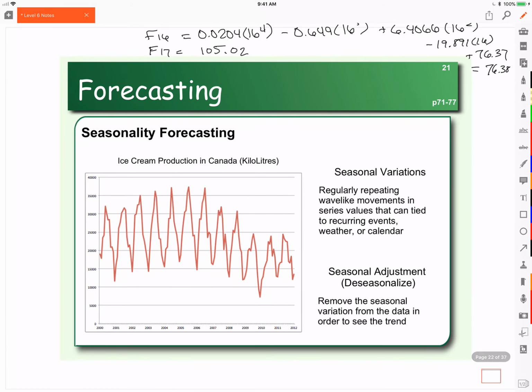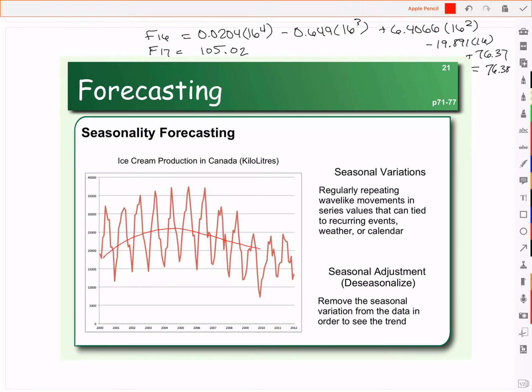When you are doing your trend forecasting, you have to take into consideration seasonality. So we talked a little bit before about ice cream and how ice cream sells more in the summer and less in the winter. So we have this seasonal variation. Well, notice that if we took out the seasonal variation, we could identify a trend. Okay, so it looks like in 2003, 2004, there was a peak in sales, and since then it's lowered and kind of flattened out a bit.